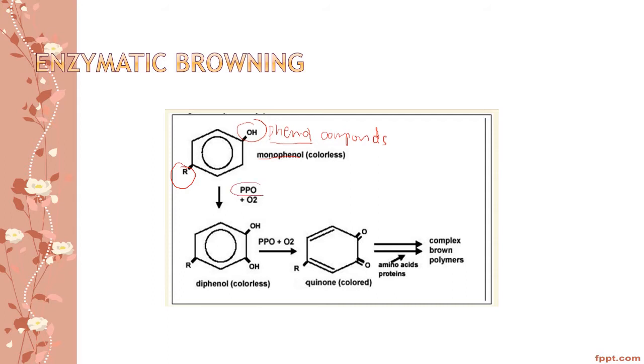In the presence of polyphenol oxidase plus oxygen, it will give you a diphenol. When you introduce another enzyme and oxygen, the diphenol gives you a quinone, which is the colored compound. This quinone polymerizes, and when it reacts with amino acids or proteins, it gives you complex brown polymers.